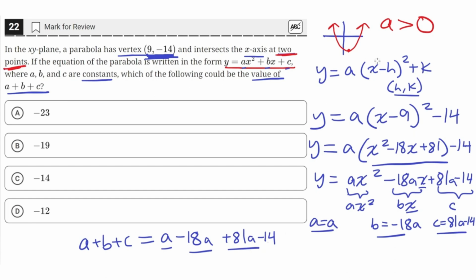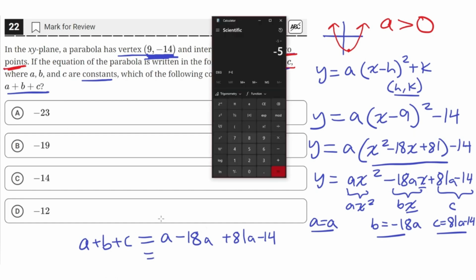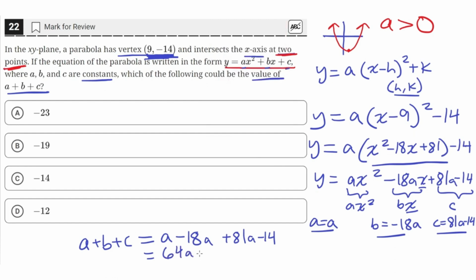Since these three terms have a's in them, we can just add them together. So 1 minus 18 plus 81 is just equal to 64. So 64a minus 14 is equal to a plus b plus c.